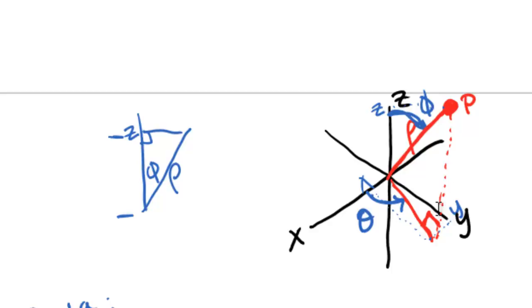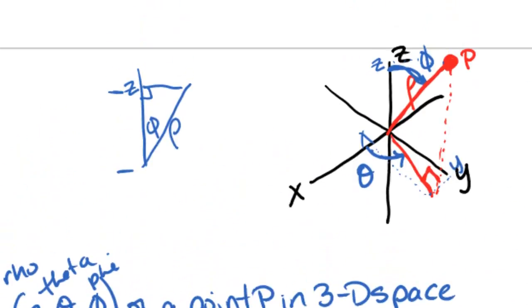Just keep in mind that it is possible that x is 0, depending on where you are here. If x is 0, then you're going to have to pay a little more attention as far as things being undefined. So we'll give an alternative formula that you can use for that. Essentially, you drop this line here, you use rho and z to get this line right here and use it as the radius.